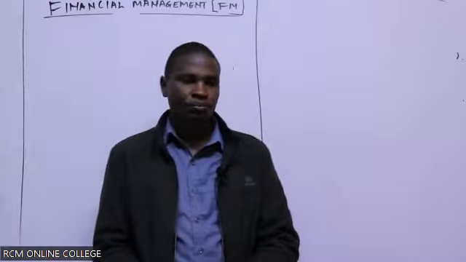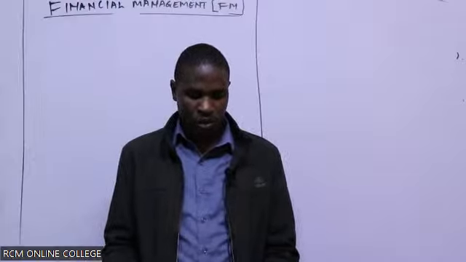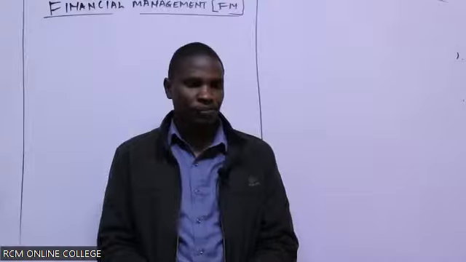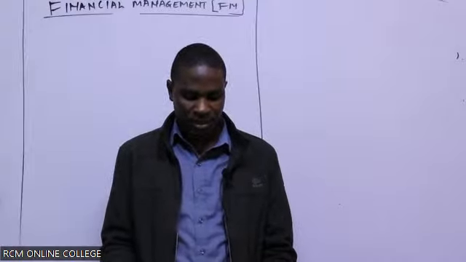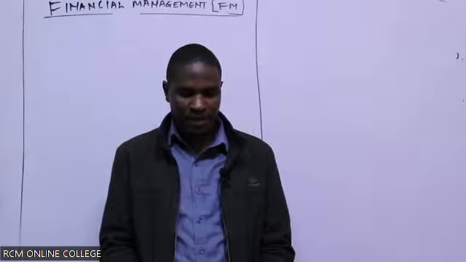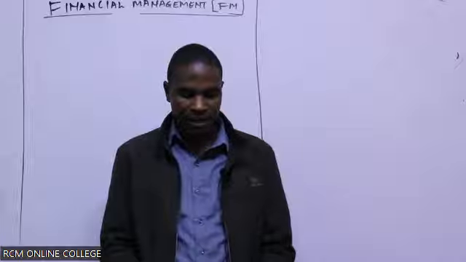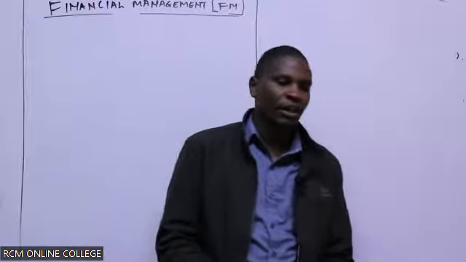Good. Now we need to look at this and see how we can handle it. The first thing they want us to have here is the break-even quantity of sales in units.